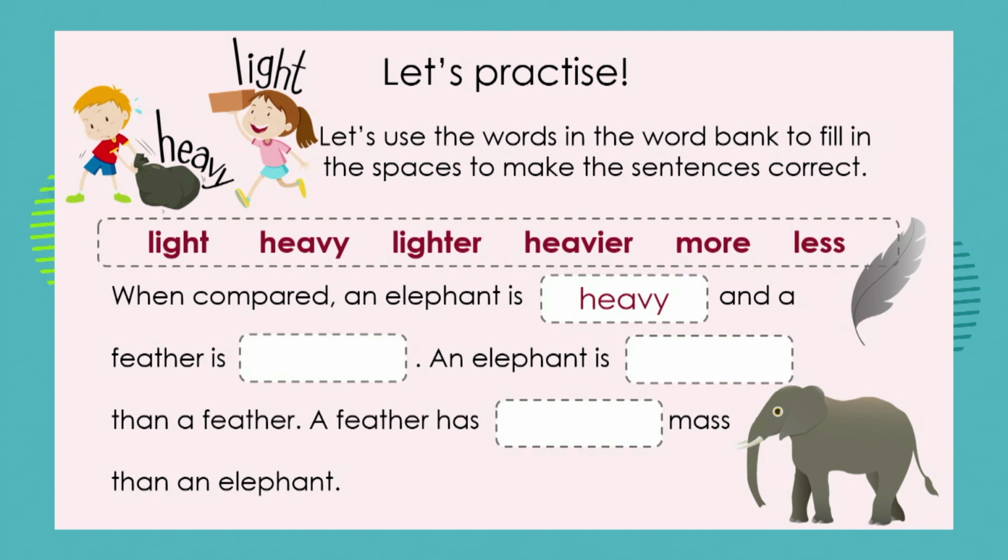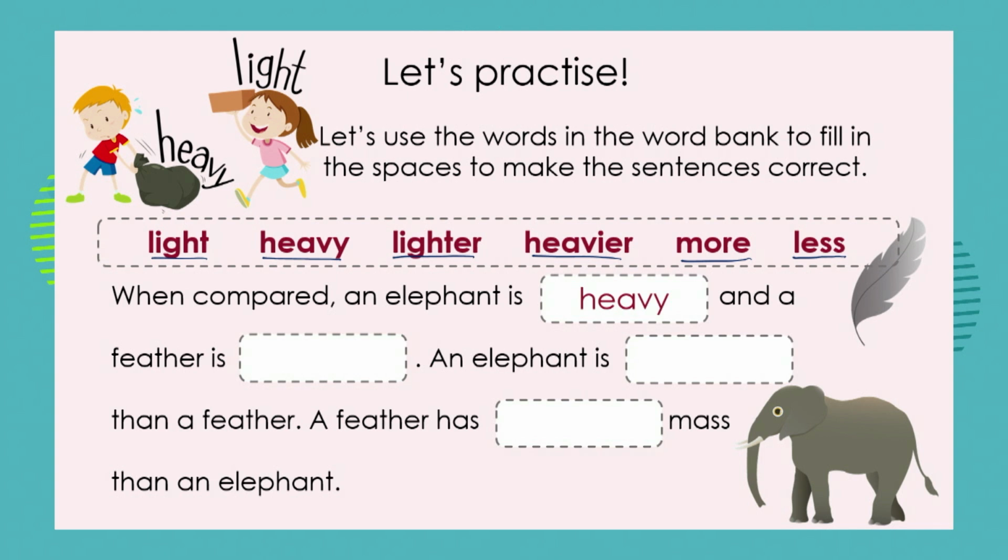So let's practice using these different words to better understand mass. Use the words in the word bank to fill in the spaces to make the sentences correct. So in the word bank we have the words light, heavy, lighter, heavier, more, and less.